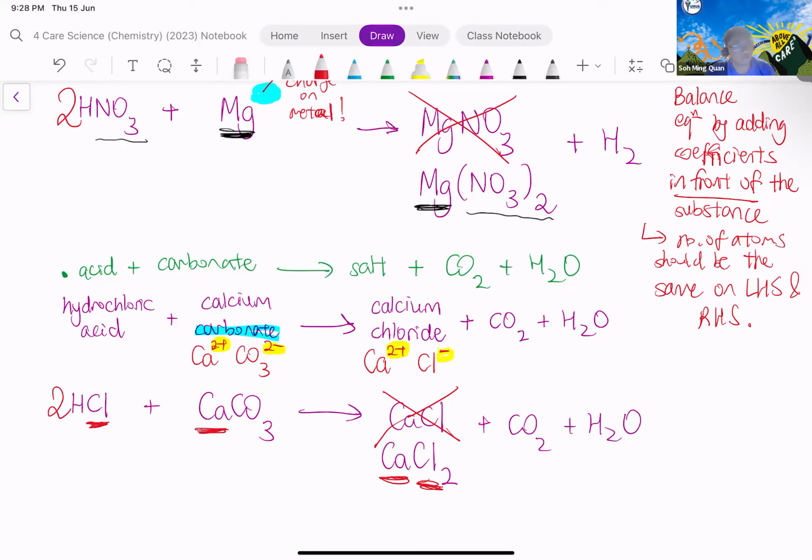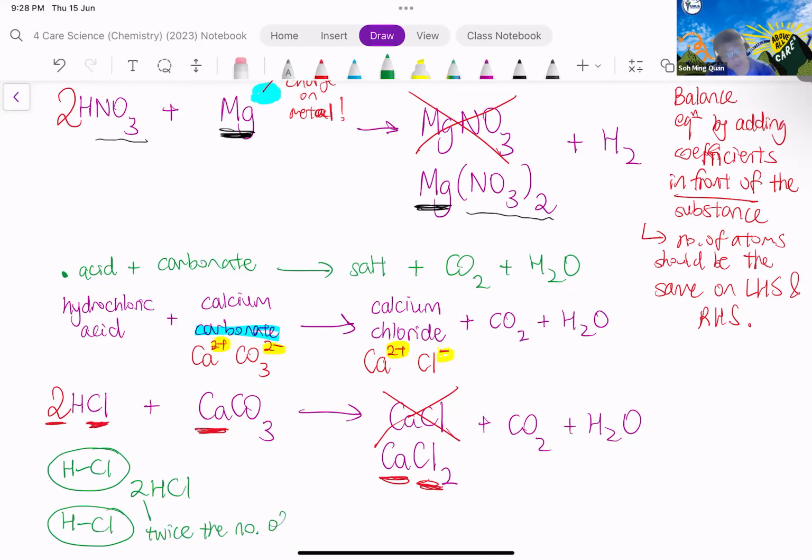Now, when you put a 2 in front, what does it actually mean? HCl is like this. This is 1 HCl. 2 HCl means you have twice the number of HCl.